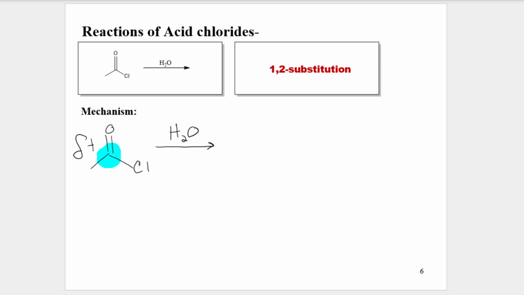It's the most electropositive of all of the carbonyls I showed you. So you don't need a strong nucleophile to get this carbonyl to go. So I'm showing here what we would deem a weak nucleophile, right? Water. It's neutral.